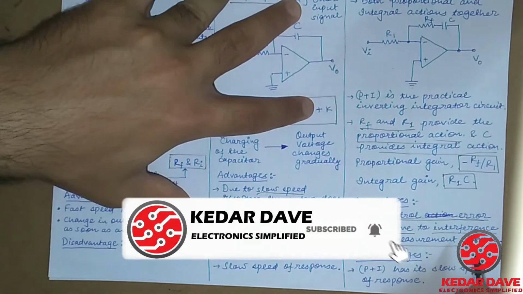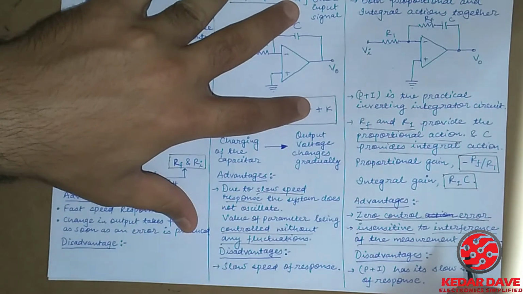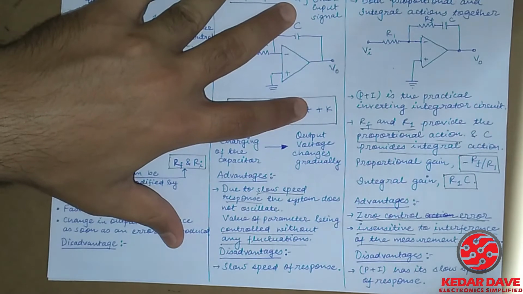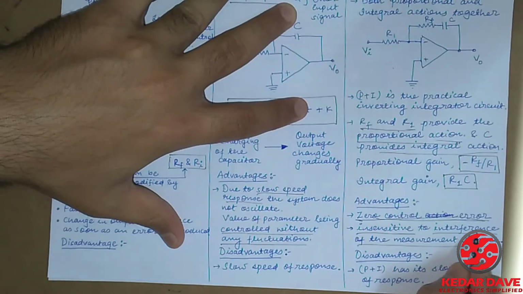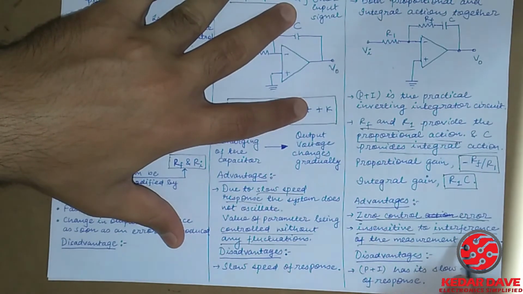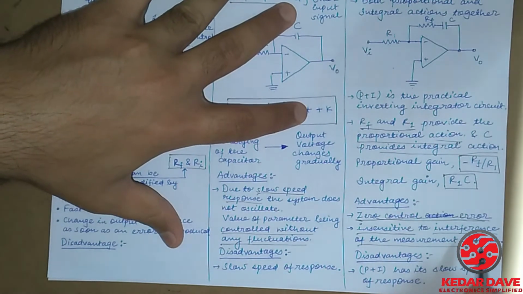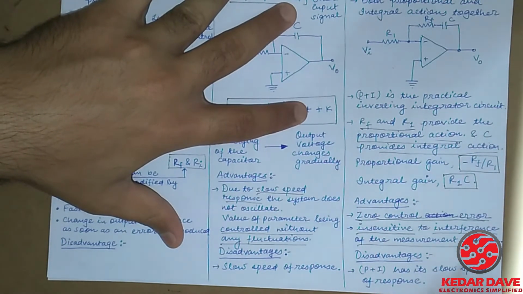Whatever the measuring channel is there, or we can say the feedback conditions applied, they were quite insensitive to interference. That's why the output will not be much varied due to the variations. Okay, so that is the one thing.